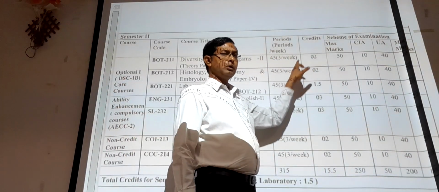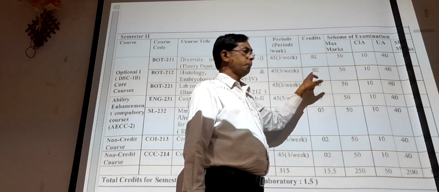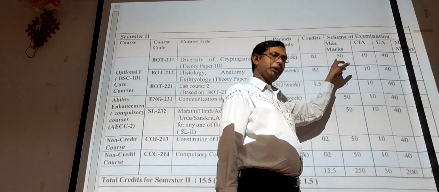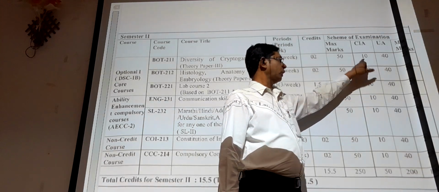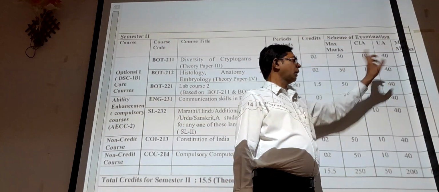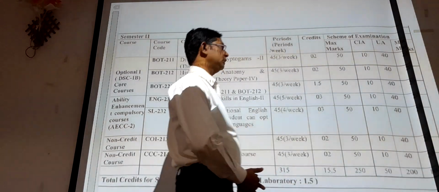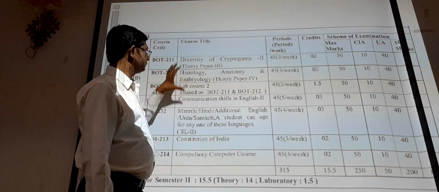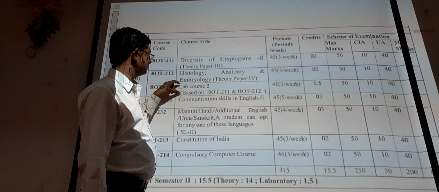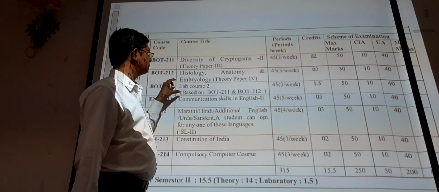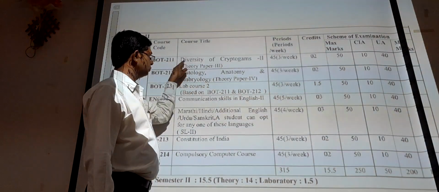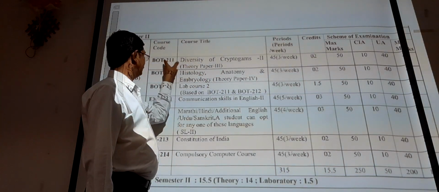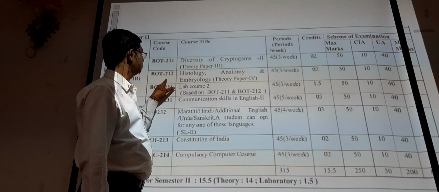Again it is having 2 credits and 2 credits for the theory papers. Same thing, 50 marks, 50 marks is there. From these 50 marks, 10 marks is for internal assessment and 40 marks is for the theory paper. Along with this, you can observe that lab course 2 is given, that is based on 211 and based on 212.